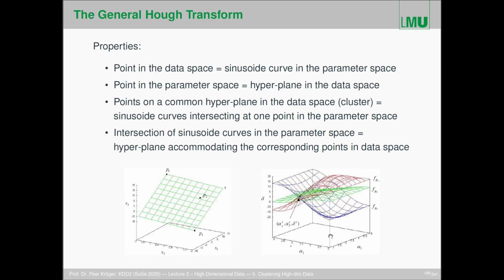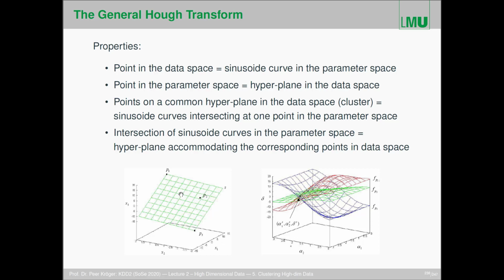So now the normal vector has 2 angles. So those are the angles of the normal vector and the specific delta, and those 3 values here actually specify exactly this hyperplane where all those 3 points are located on.